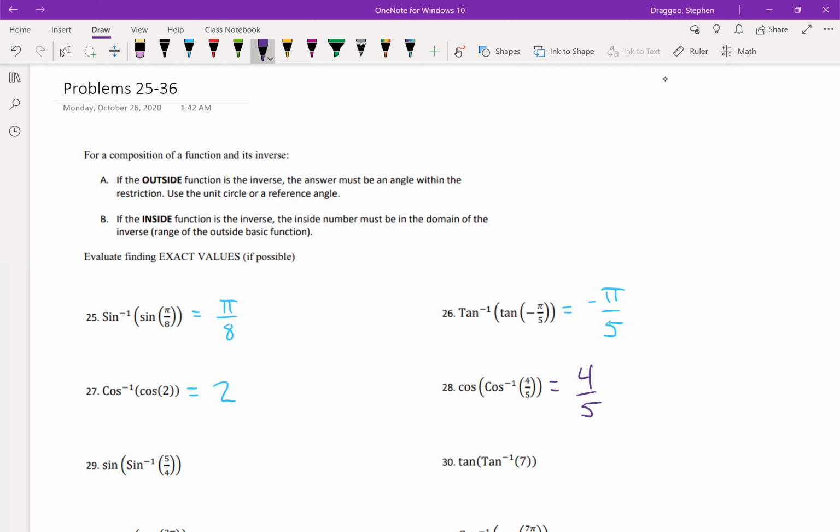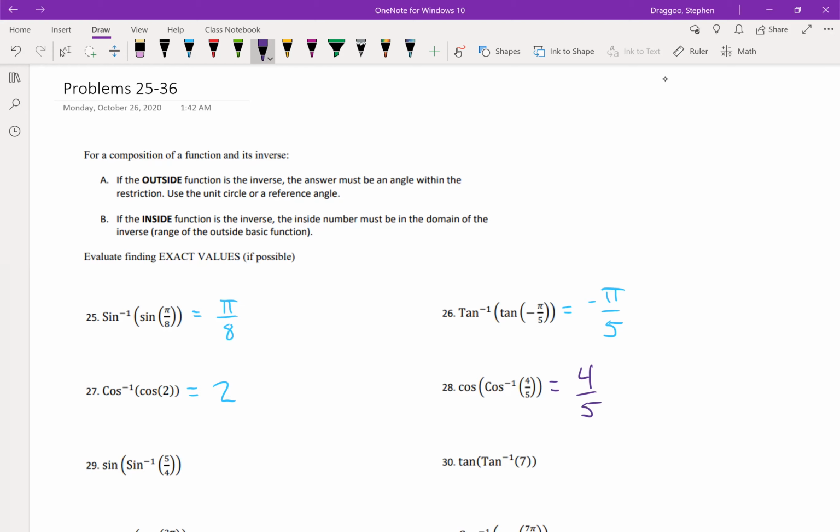Compare that to 29, where I want the sine of the sine inverse of 5 over 4, where now 5 over 4 is greater than 1, meaning that it is outside the domain of a sine inverse function. So if I try to take the sine inverse of 5 over 4, I'm not going to get a solution. It's the same as asking what angle gives a sine value of 5 over 4.